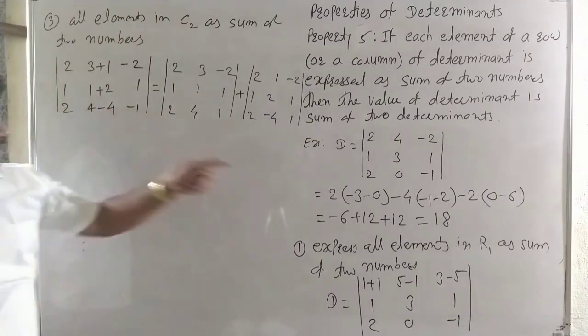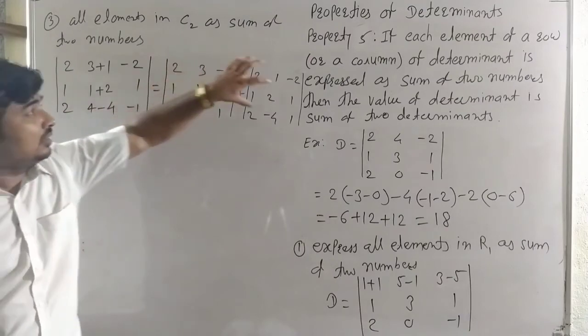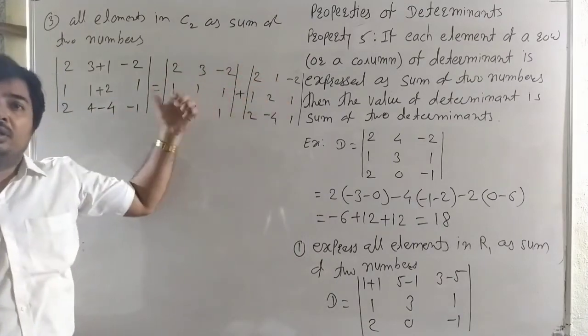Here the value of this determinant we know it is 18. Then find the value of this determinant and this determinant, and adding both of them it is again 18.